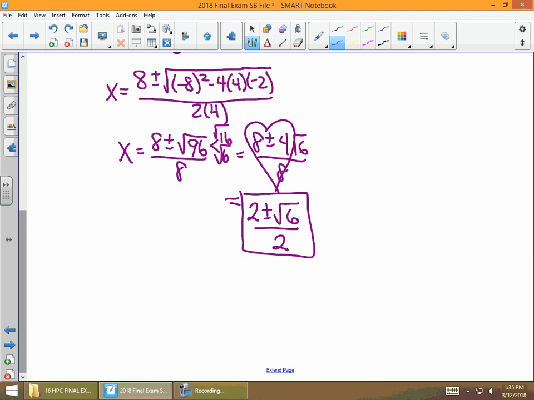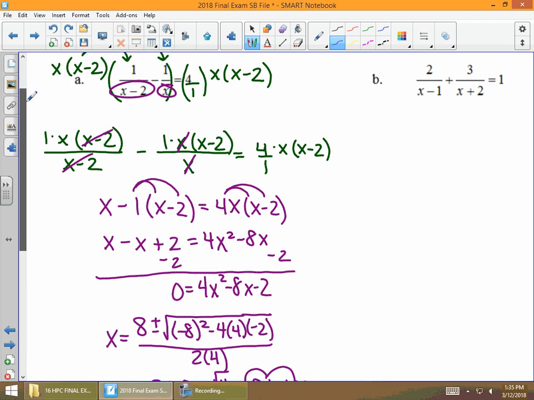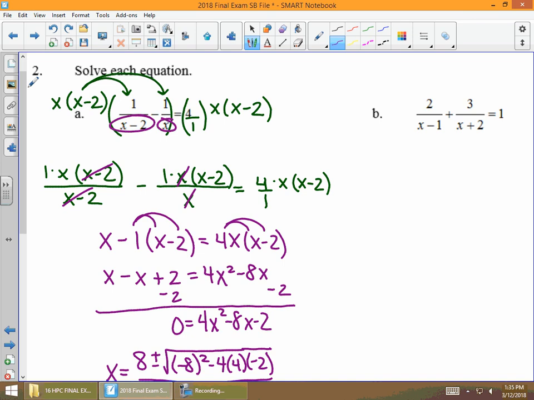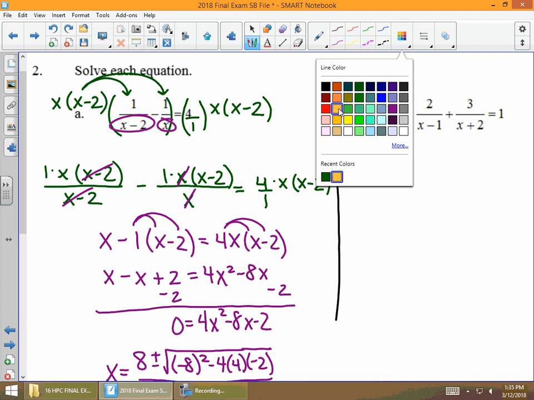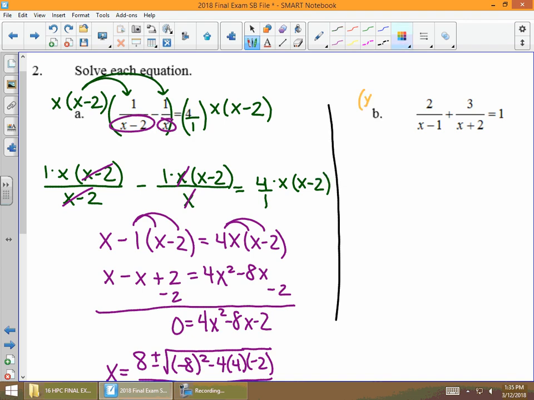All right, let's do another example. Lovely. Okay, so here my denominators are x minus 1 and x plus 2. That's what I'm going to multiply everything by. Again, this is legal to do because there are two sides of my equation.